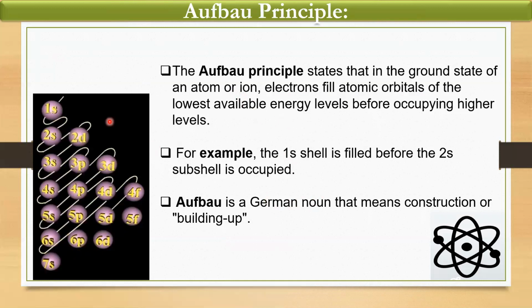Here you can see on the left-hand side of your screen that first the electrons will enter the 1s orbital, then 2s, and then, instead of 2d, it will be 2p, then 3s, 3p, then 4s, and then it will go to 3d, 4p.